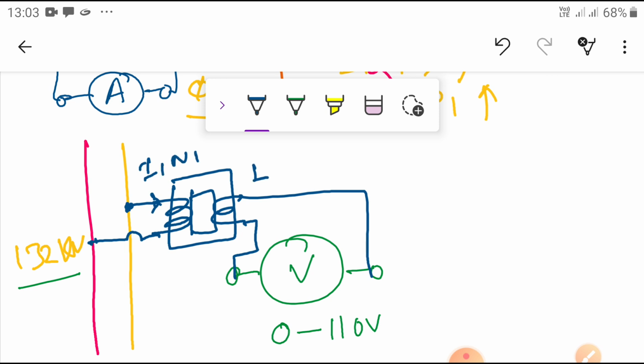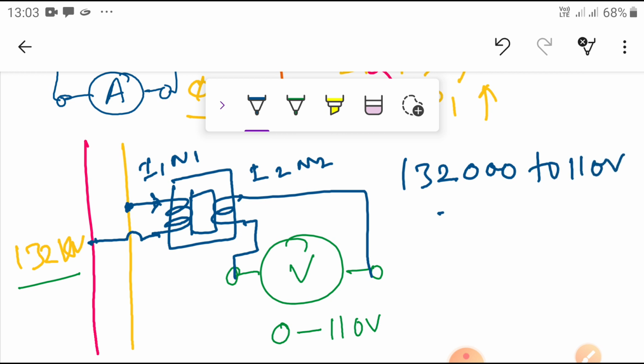Here is I2 and N2, just like the voltage transfer ratio. This is a step down voltage: 132 kV is stepped down to 110 volts, based on the number of turns. This small voltmeter I can use here.